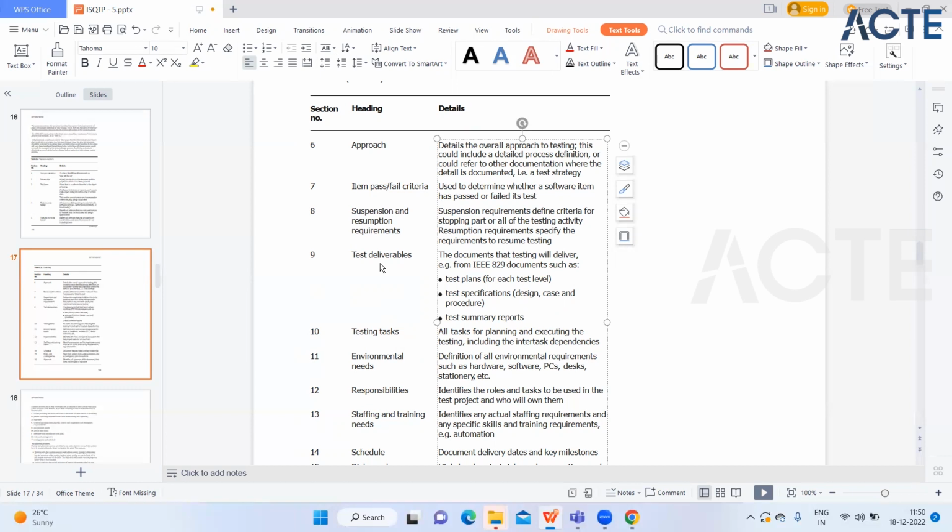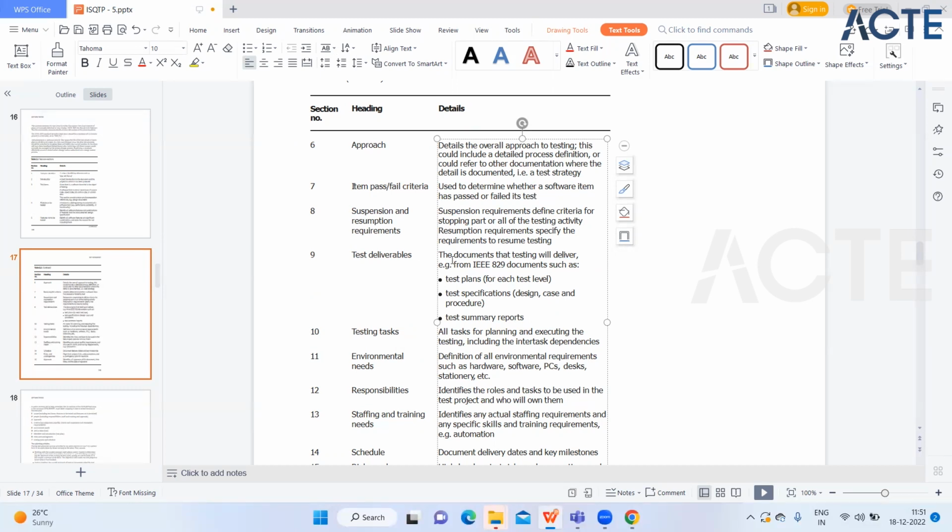Ninth one is test deliverable. The documents that testing will deliver, for example from IEEE 829, such as test plan for each test level, test specification, design, case and procedure, and test summary reports.